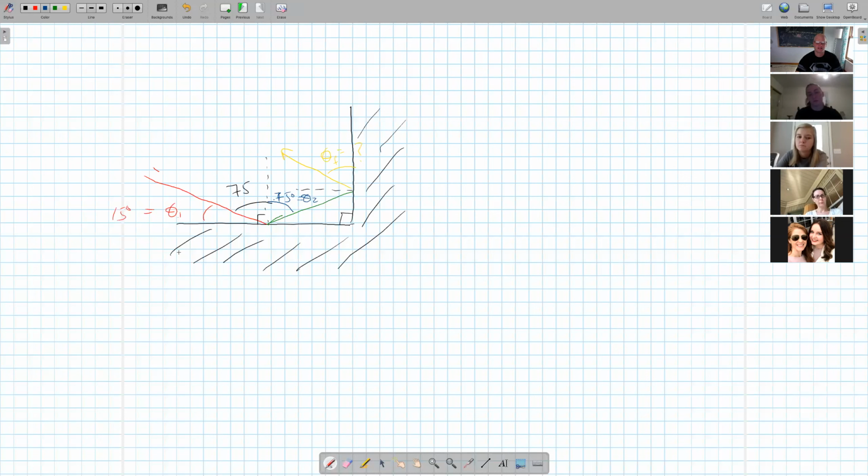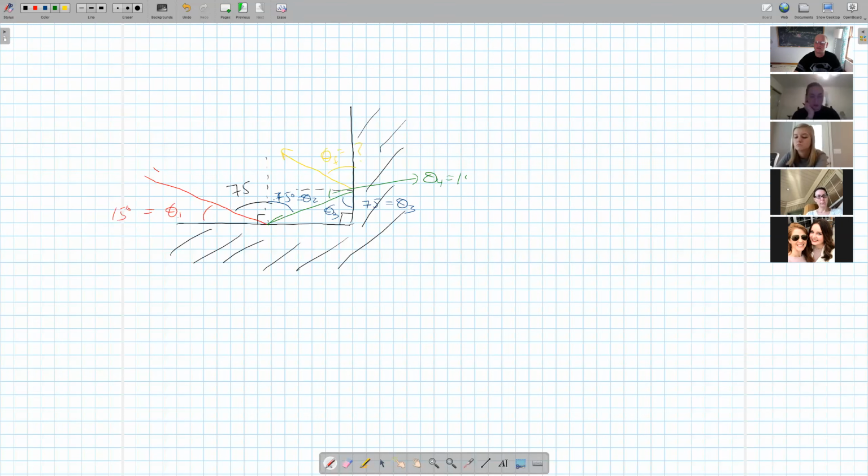Okay. Now, since this is perpendicular here, then now we also know that this is also 75 degrees. So let's call that theta 3. So theta 3 here is also the same thing as 75 degrees based off of what we know from high school geometry, that alternate internal angles have to be the same. So since that is 75 degrees, that means that this little angle here, so let's call this angle inside of here, theta 4.